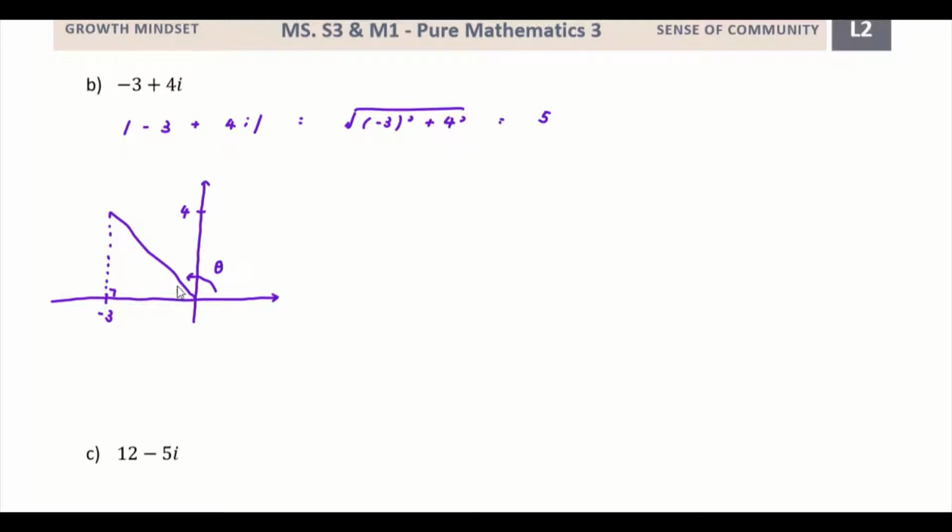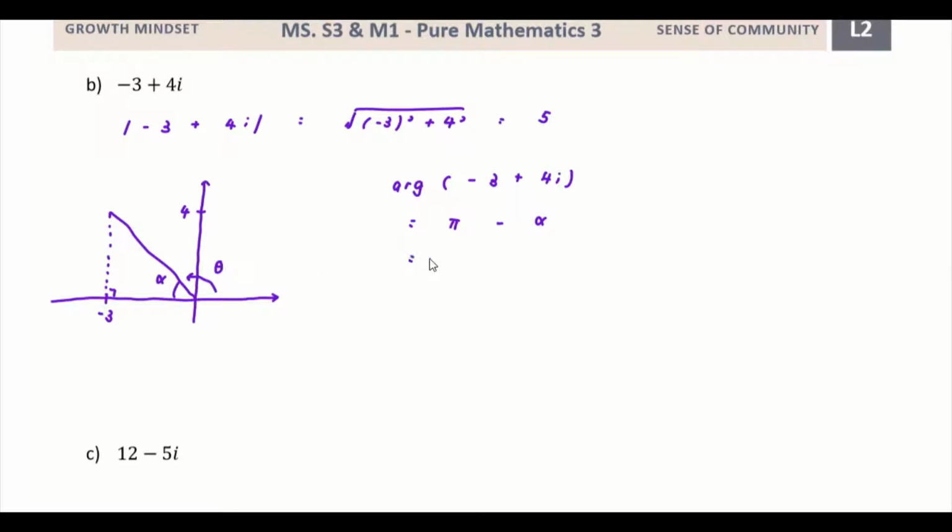We can use this, but this will be our alpha, which is like a reference for us to get the answer. So in this case, to get the argument for negative 3 plus 4i, the theta here is going to be pi minus my alpha, because the whole thing here is pi. So I need to minus the alpha, then only I can get my theta.